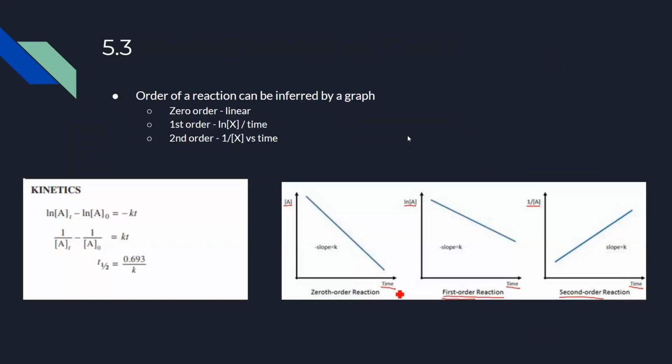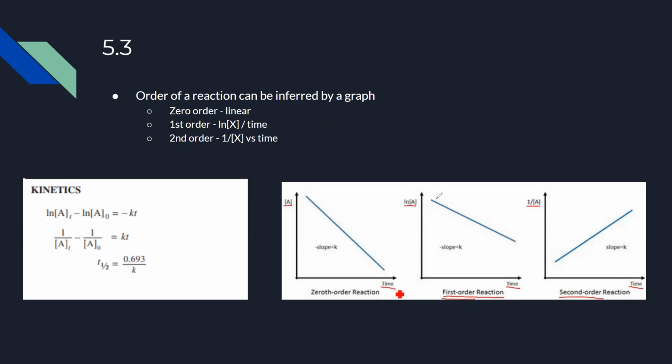So the order of a reaction can be inferred by a graph. And basically what this gives is you have a 0 order reaction, which is linear, and that's shown over here. The slope is negative K, and it's a concentration of A over time.